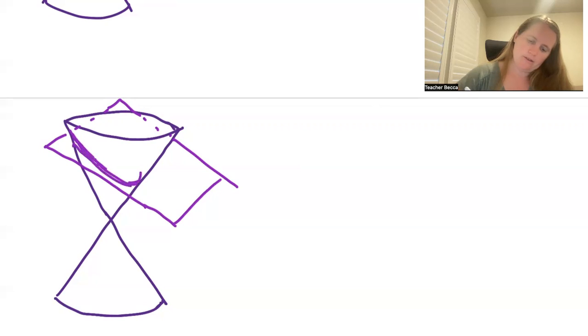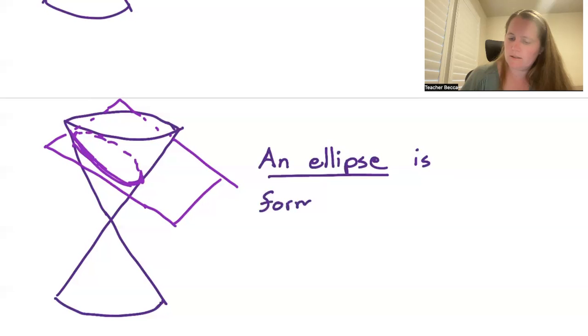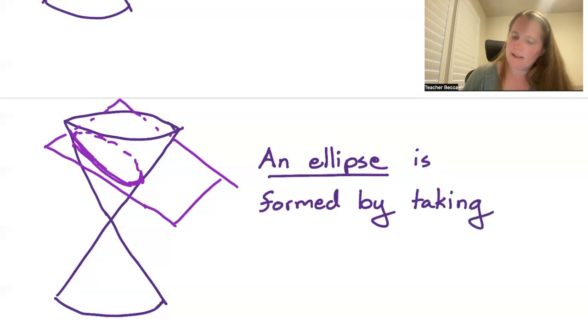I don't know how well I can draw this. But on a slant, we get what is called an ellipse. So it's longer in one direction than in the other. So an ellipse is formed by taking a plane with a slight slant.